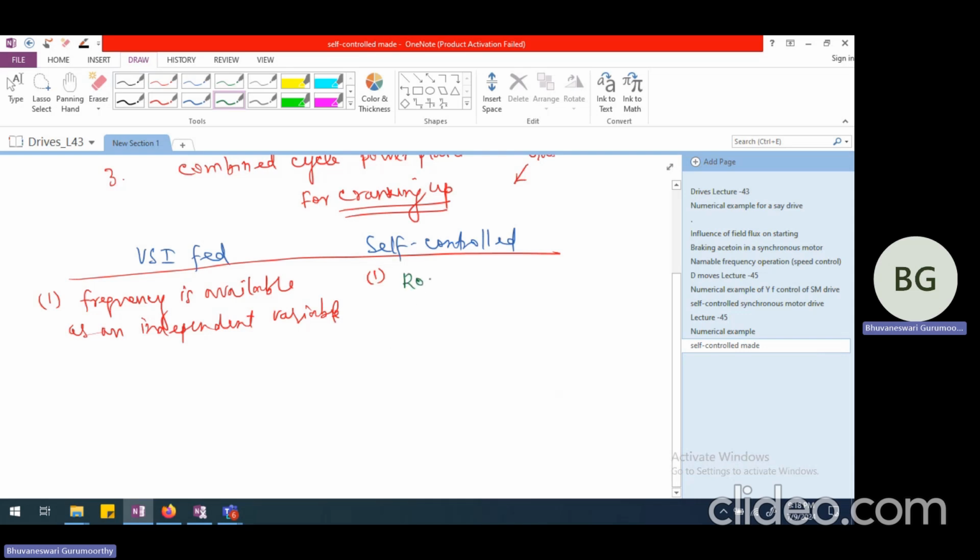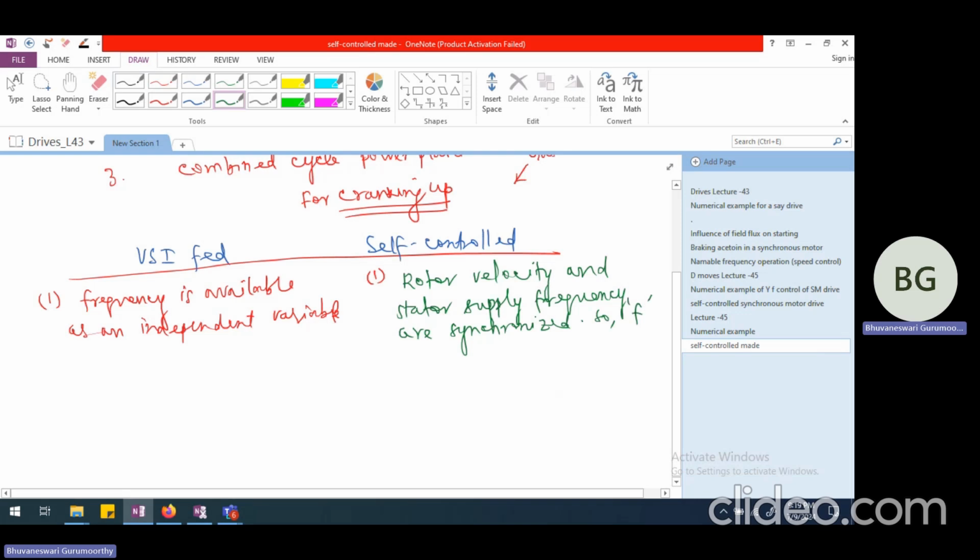So rotor velocity and stator supply frequency are synchronized. So the frequency is not an independent variable; it depends upon the feedback that we receive from the rotor side.